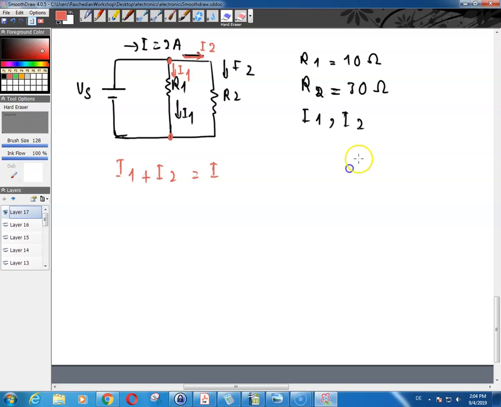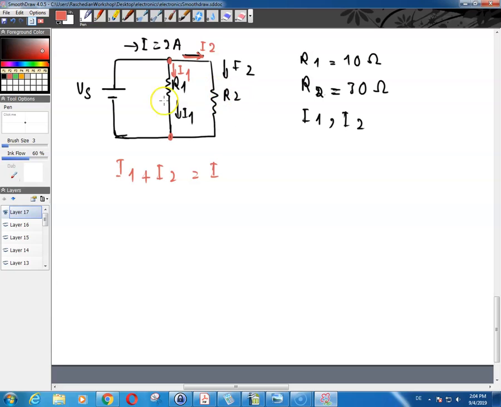So what I need to do is use the fact that the power supply voltage is across both of these resistors.